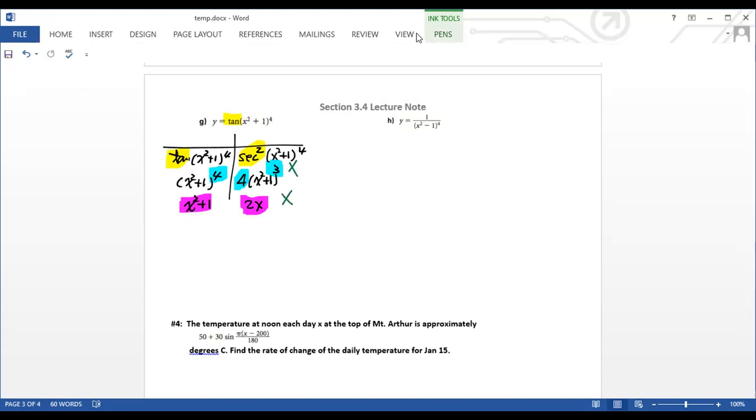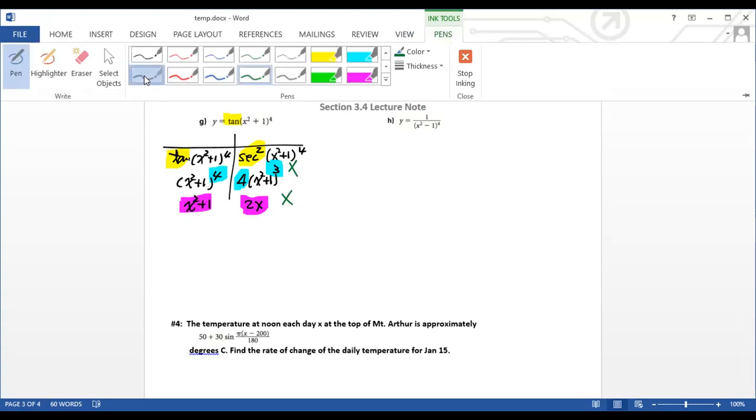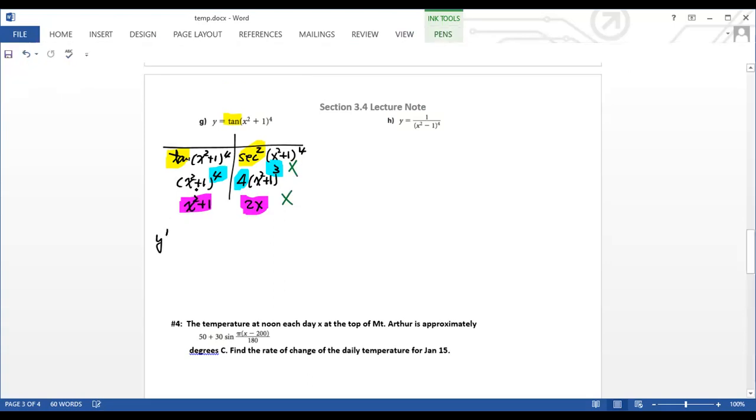Combining, 4 times 2 is 8, so y prime is 8x times x squared plus 1 to the third, times secant squared of x squared plus 1 to the 4th. You can rearrange the order, it doesn't matter, but I like to put it this way.